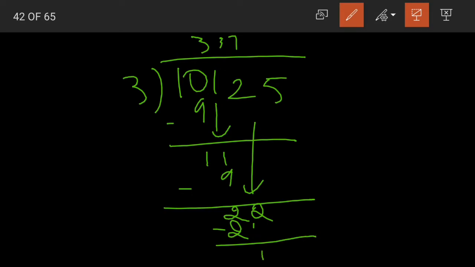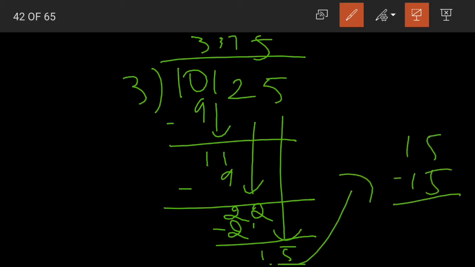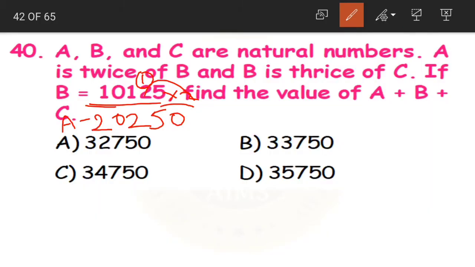When we subtract, 1 is remaining. 5 brought down. 3 5s are 15. 15 minus 15, the remainder is 0. What is the answer? 3,375. This is the value of C. C is equal to 3375. Clear, children? We got the value of A, B and C.